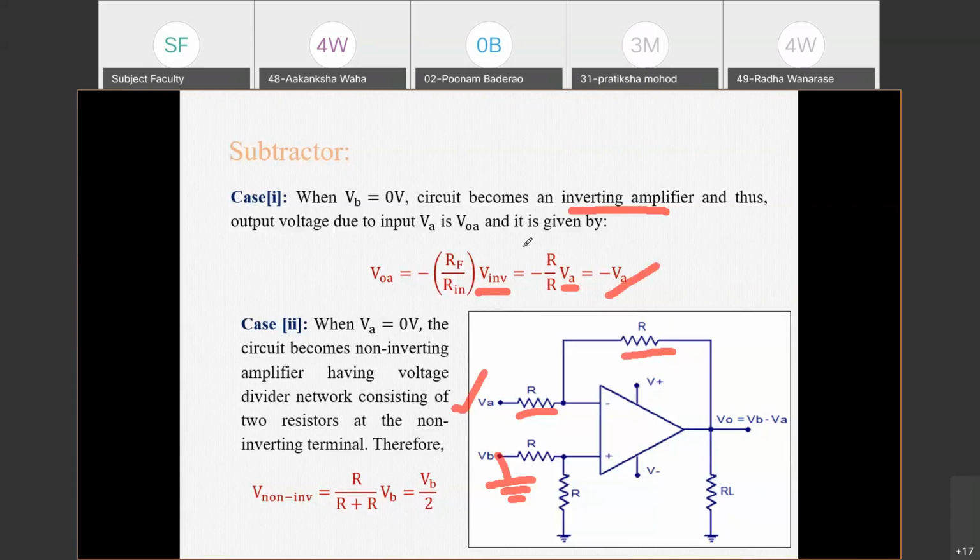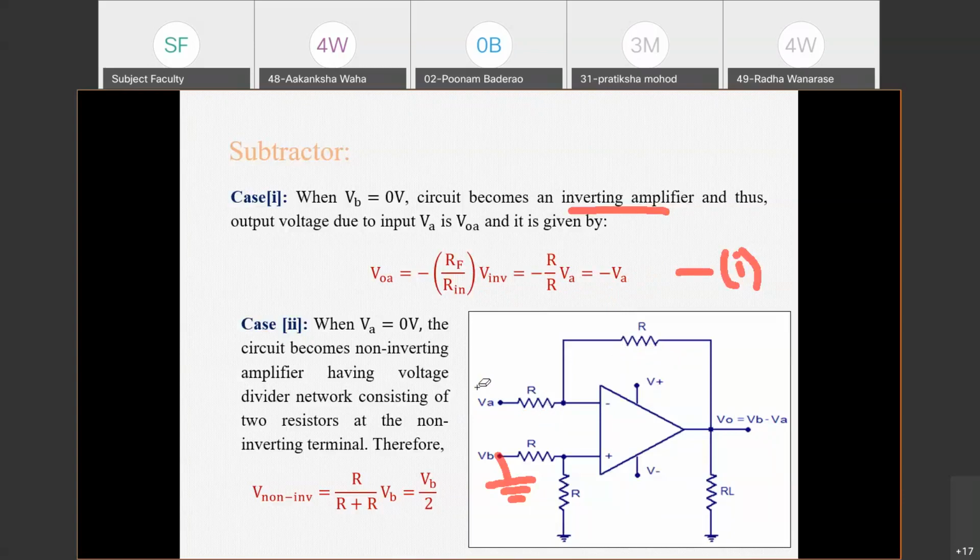We have just applied the expression of gain for the inverting amplifier, where Rf is R and Rin is R, and the final output is minus VA. You can remember this as case number 1. Then we will proceed with case number 2.